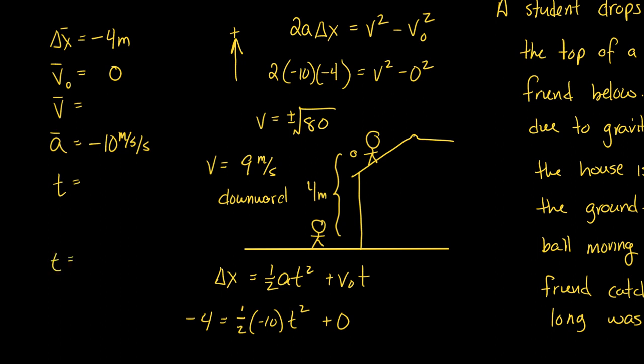Looks like t is going to be the square root of 0.8. Now, for time, it's always the positive answer. All right. Always the positive answer.